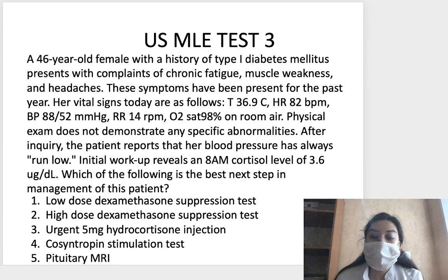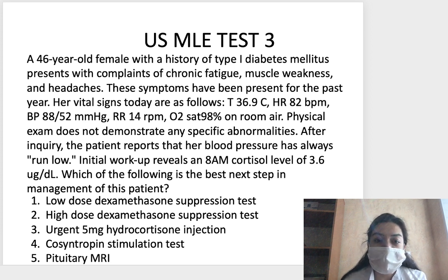Okay, and next an interesting question for you. Test 3. A 46-year-old female with a history of type 1 diabetes mellitus presents with complaints of chronic fatigue, muscle weakness, and headaches. These symptoms have been present for the past year.